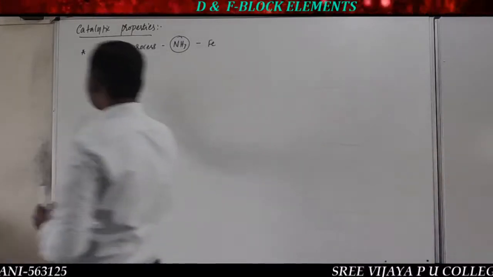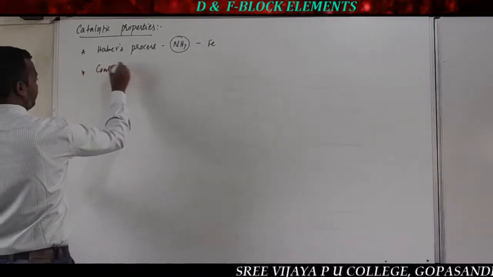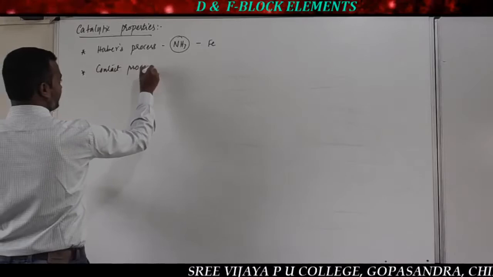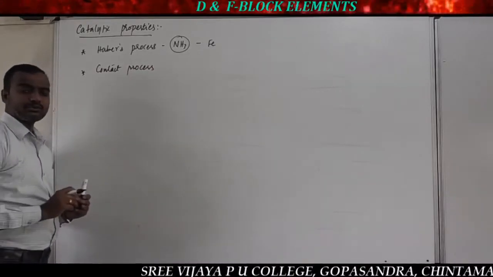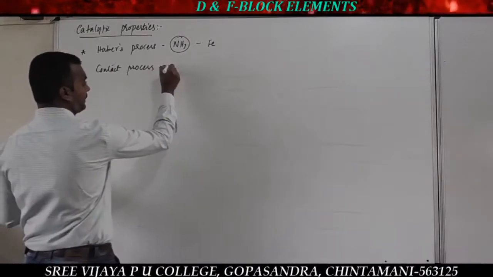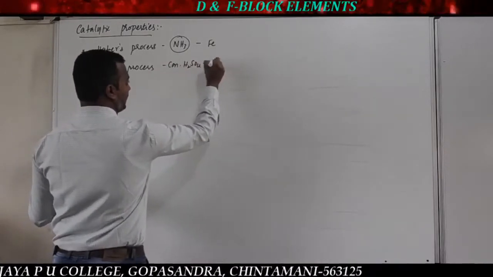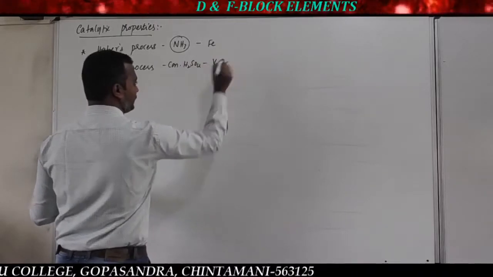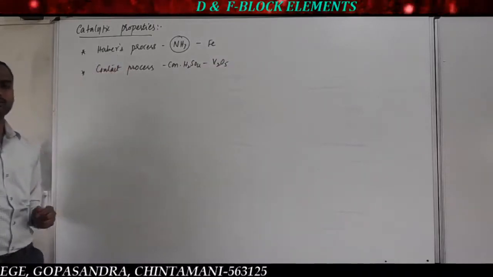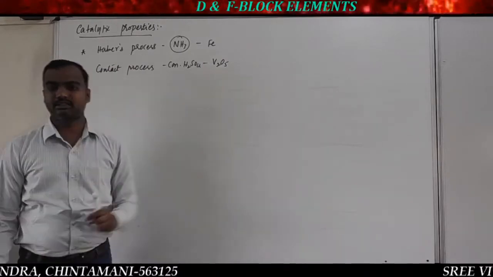And one more important example is the contact process. That is a process used for the manufacture of concentrated sulfuric acid. In that, vanadium pentoxide, V2O5, is used as a catalyst. Again, this is a compound, an oxide of vanadium, used as a catalyst.